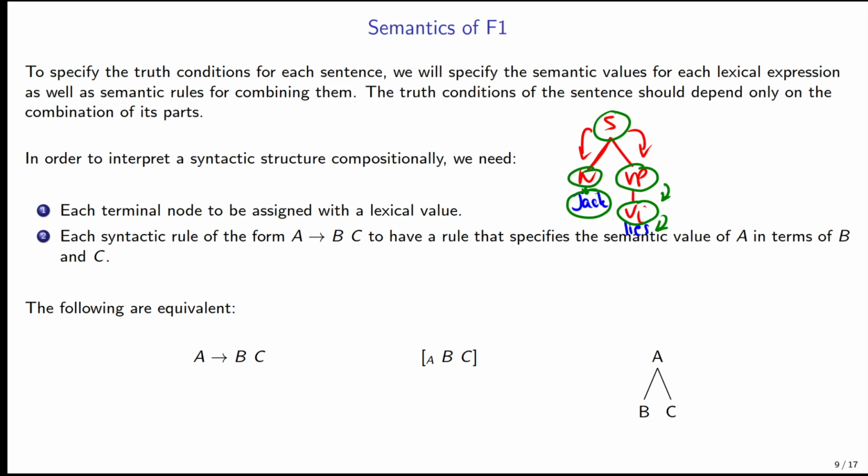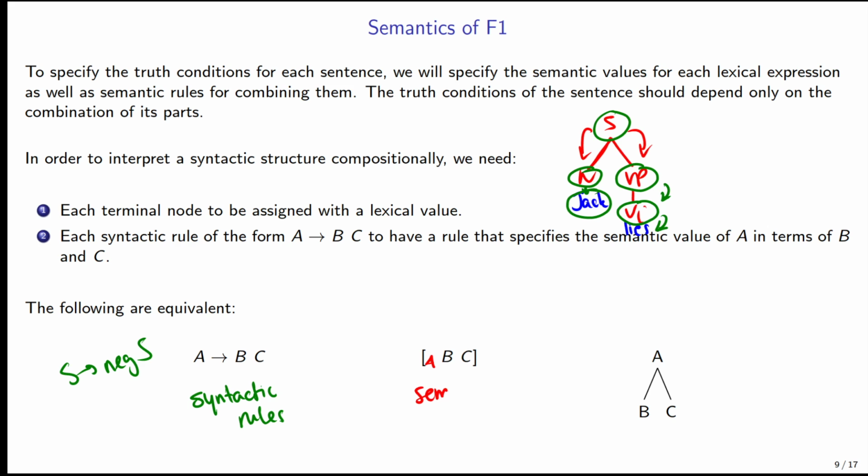So there's three different ways that we can represent a syntactic tree. We have different situations where we use each of these. Typically A arrow BC. This is what we use for syntactic rules. So like we had before, we had S to say the negation of S. That is a syntactic rule. Typically, we use the brackets, so little a inside of the brackets, then BC.